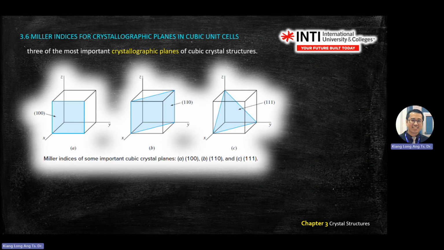You get this presentation. If you are given Miller number 110, it means you move 1 step out, then y, you move y 1 step. Then 1 is y, and z is also 1.